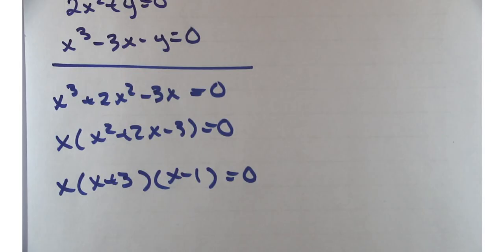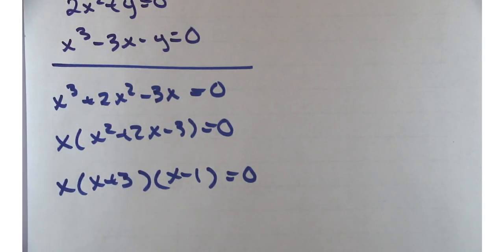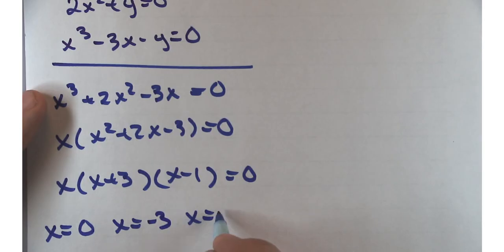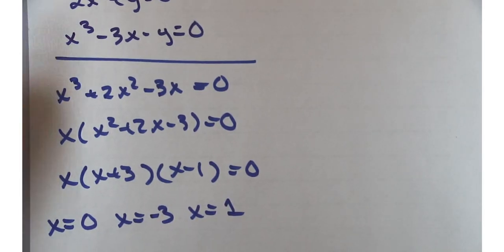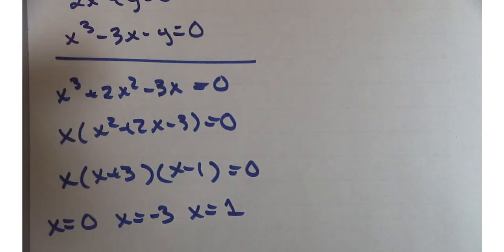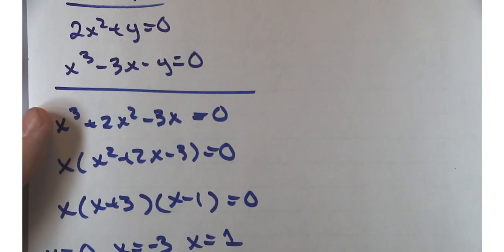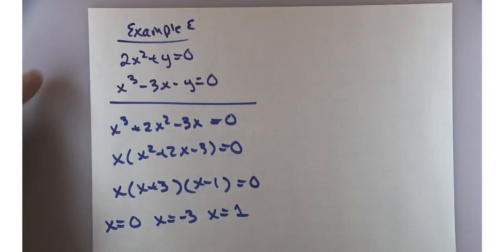So what are our solutions as far as x is concerned? 0, -3, and 1, right? Now, how about if I had to figure out what the y values were? What would I do to find the y values? Plug each of these back in. I'd plug it back into the first equation. Looks easiest, right?